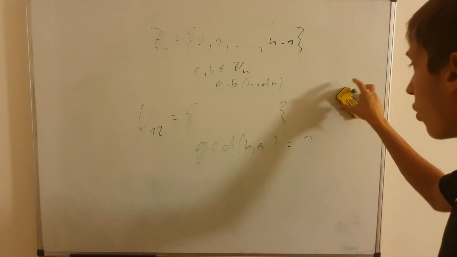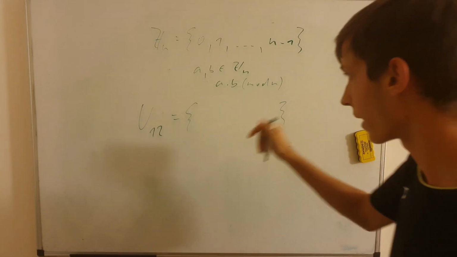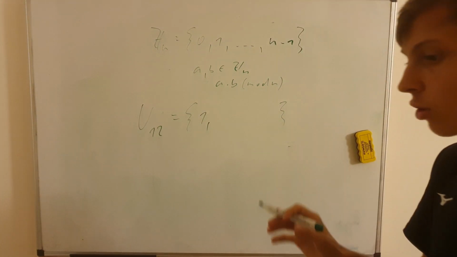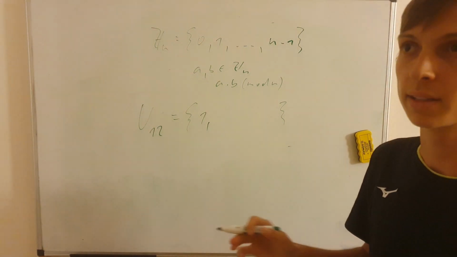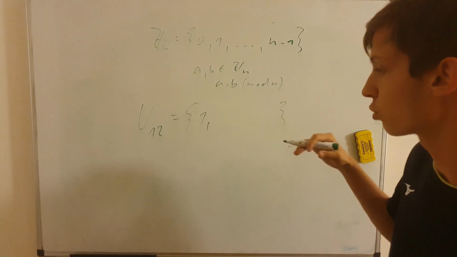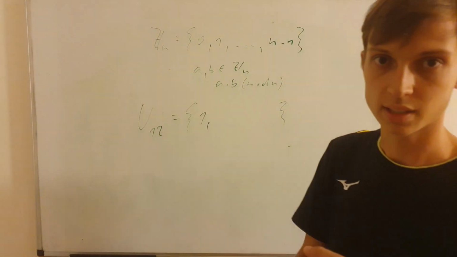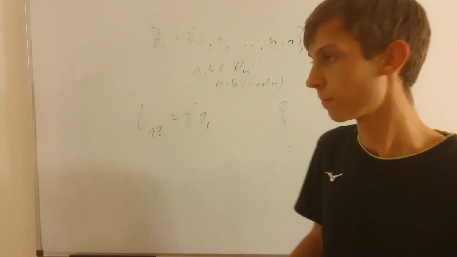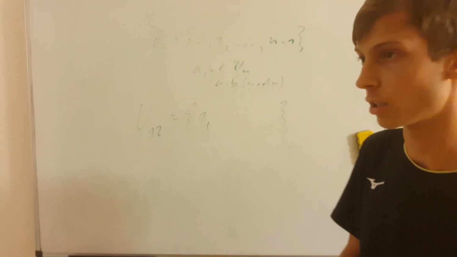Let's look at what numbers are co-prime to 12 in this case. Well, 1 is, then 2 is not. We have to be careful not to pick numbers that are not 1 but divide 12. So 1 is the first example. 2 won't be because 2 divides 12. And actually 3 won't be either, that's a mistake, because 3 also divides 12.